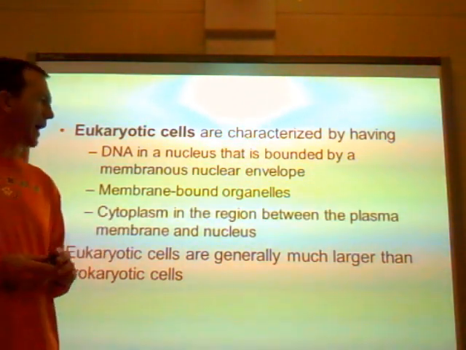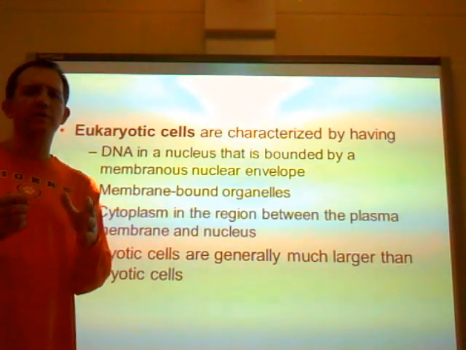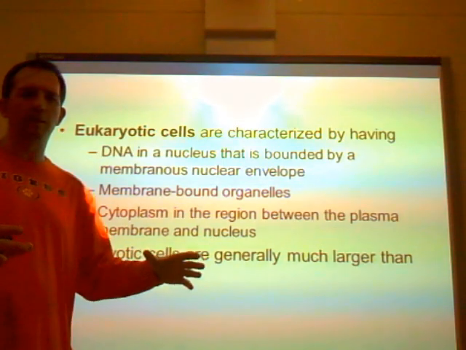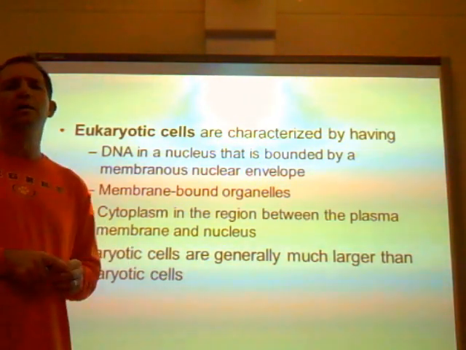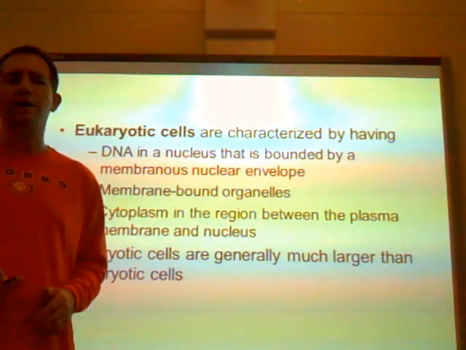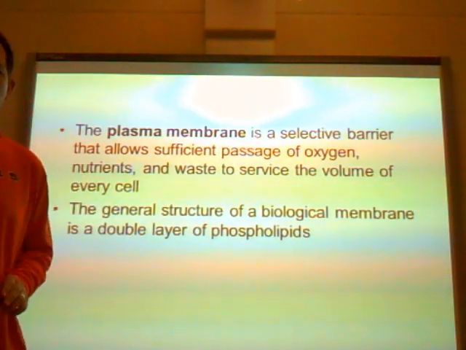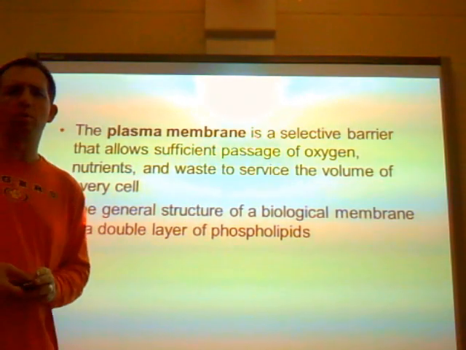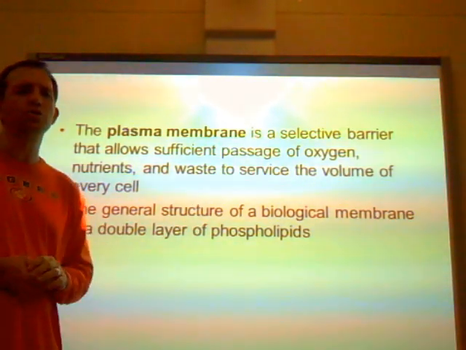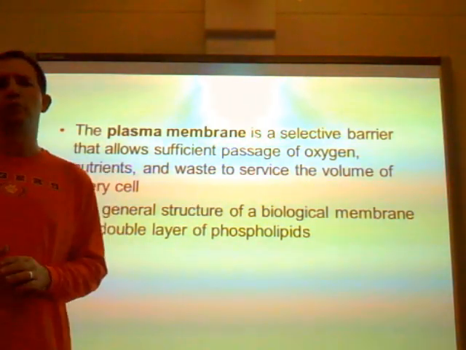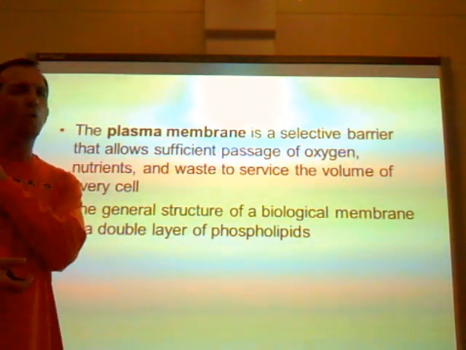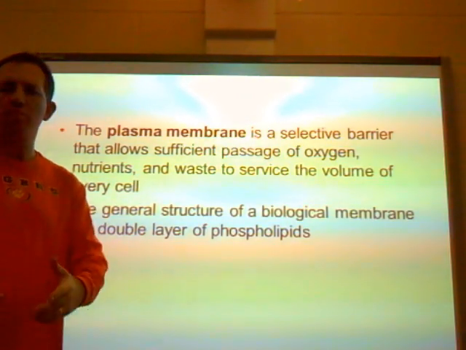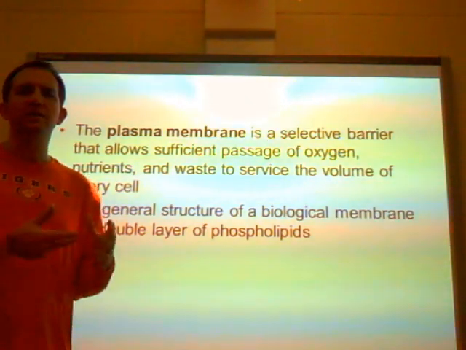And then the cytoplasm is the region that is located between the nuclear membrane and the cell membrane, and it's in this area of the cytoplasm that we actually will find the organelles. Now, the cell membrane or plasma membrane, it doesn't really matter which of those two terms that you use. What is important for us here is really one term, and that term is called selective permeability or selectively permeable.